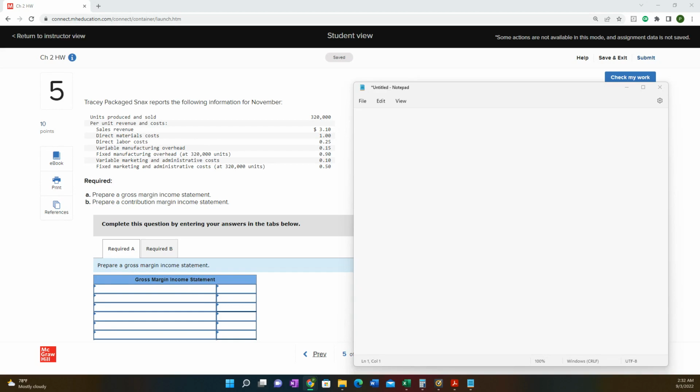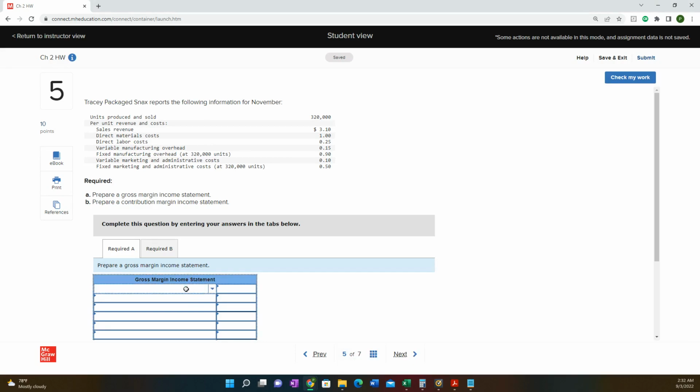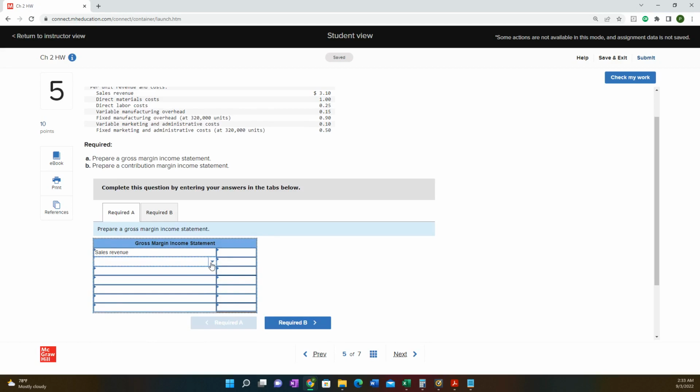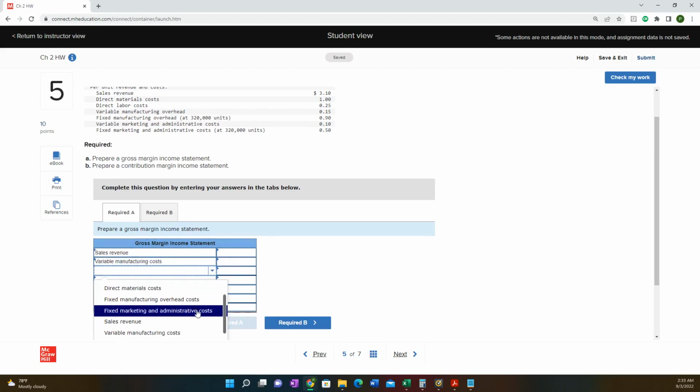There are 2 good examples on page 65. And this problem follows these examples perfectly, so we're going to use these examples and format our questions the same way. So it starts with the gross margin income statement. The top line is sales revenue, then variable manufacturing costs and fixed manufacturing costs to arrive at our gross margin.